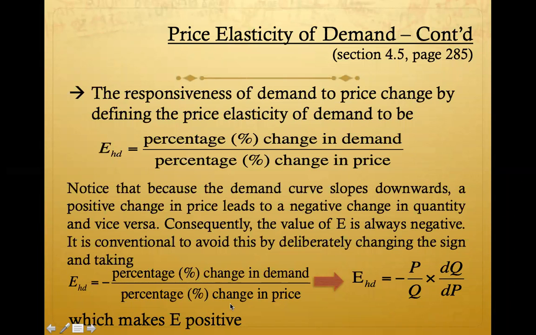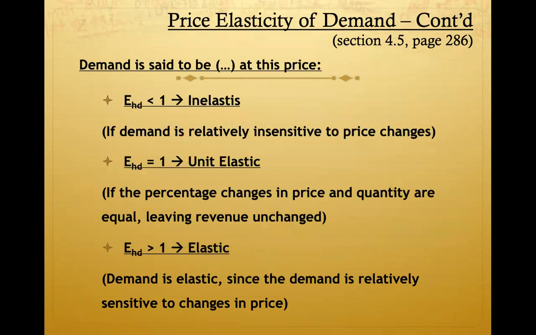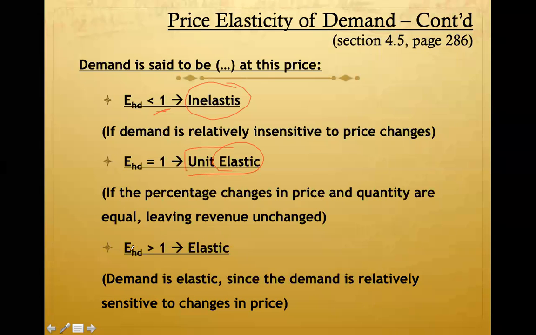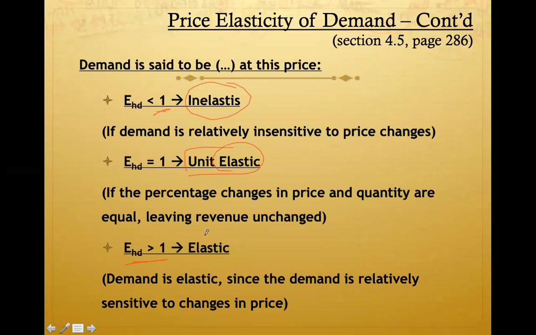To calculate elasticity, we need to take the absolute value of the result, so whatever the result is will be positive. Then we can compare it using this rule. If the elasticity is less than 1, it is called inelastic. If it equals 1, it is unit elastic. And if it is greater than 1, it is elastic.